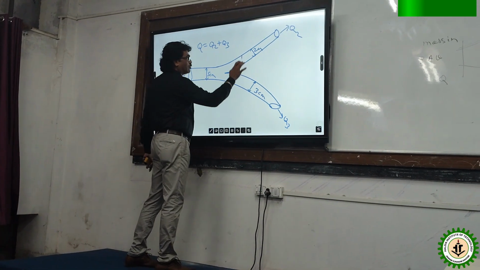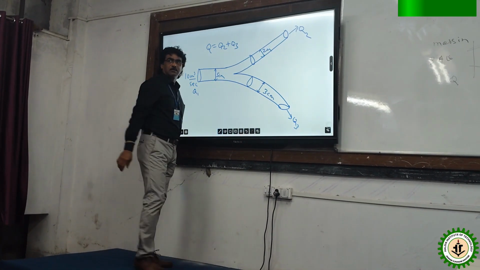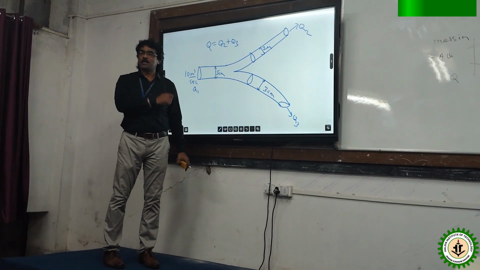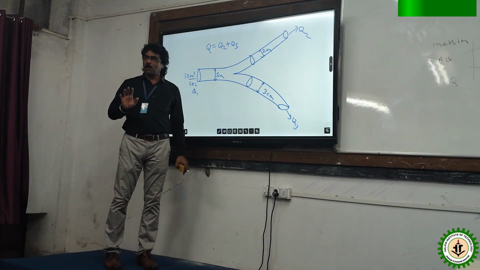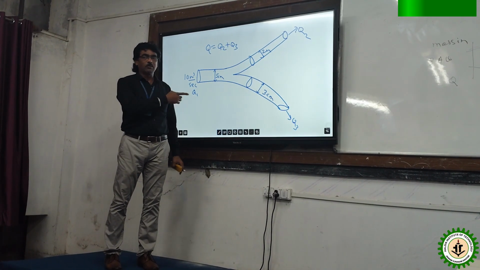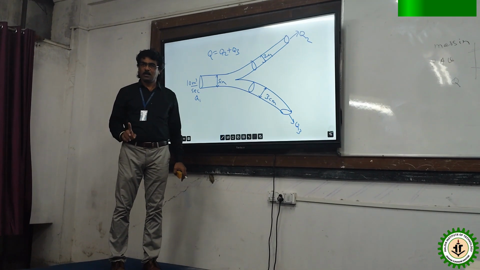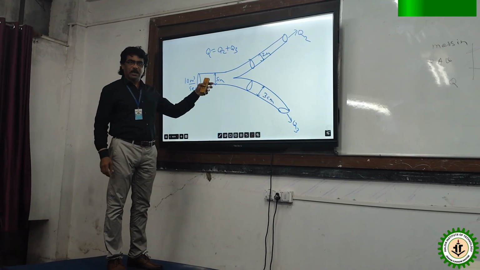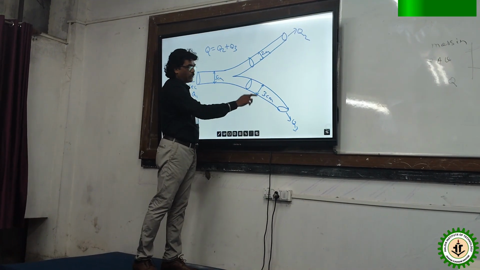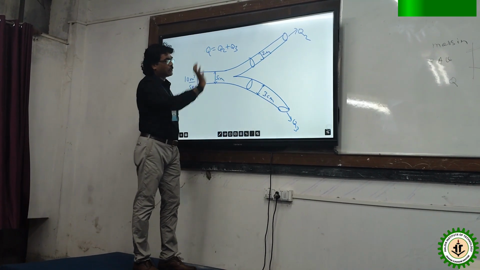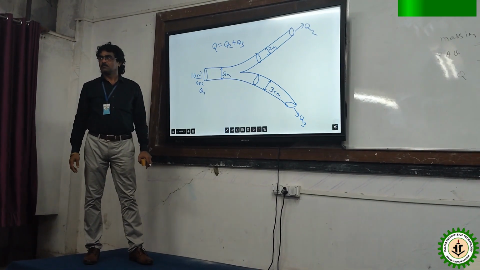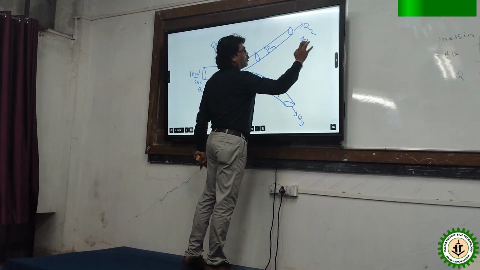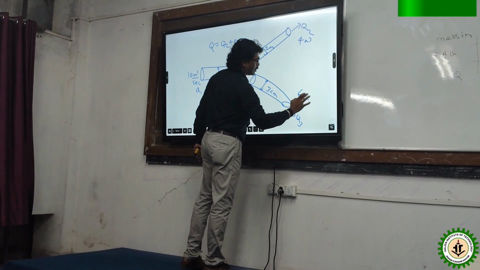So how will you find out this one and this one? This is a short question for GATE. Now I am giving you 1 day time, solve it and give. Here the structure will be 10 meter cube per second with 5 centimeter diameter, and a bifurcation into 2 only, one is 3 centimeter and the other 2 centimeter. Find out Q2 and Q3. How much? 4 meter cube per second and 6 meter cube per second.